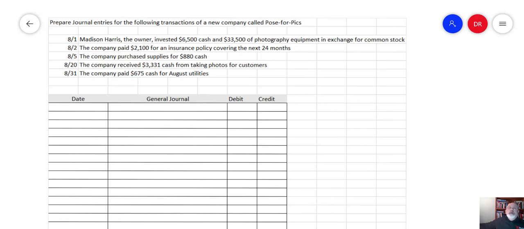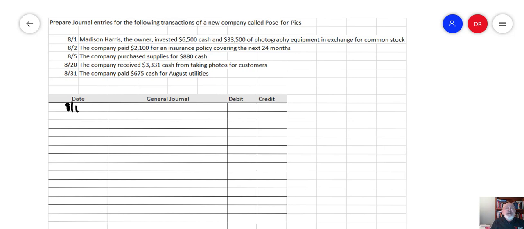So in this one, we have journal entries that we need to prepare for a new company called Pose for Pics. Madison Harris, the owner, invested $6,500 cash and $33,500 of photography equipment in exchange for common stock. So on August the 1st, we're going to record what Madison Harris gave to the company. So they increased cash. So remember, cash is an asset.